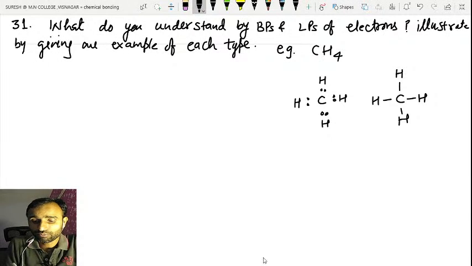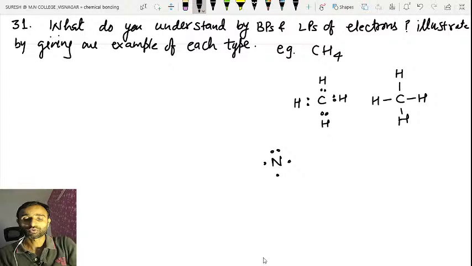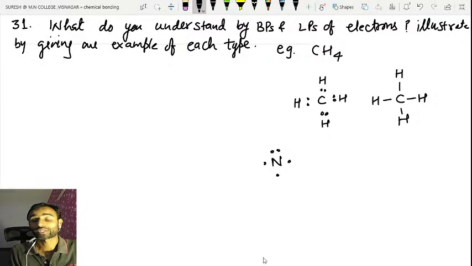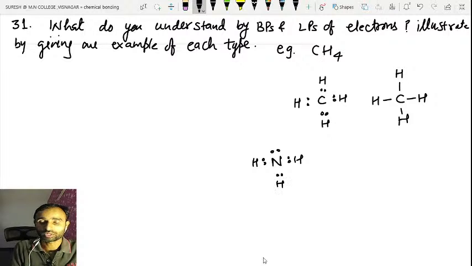But if we talk about ammonia, nitrogen has 5 valence electrons. Out of 5, 3 electrons are shared with hydrogens. So now in ammonia, nitrogen has 1 lone pair because one pair is unshared.